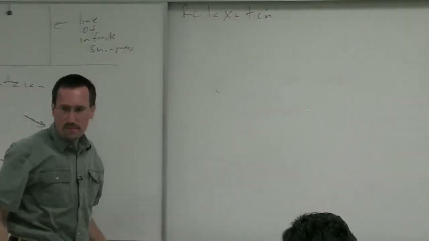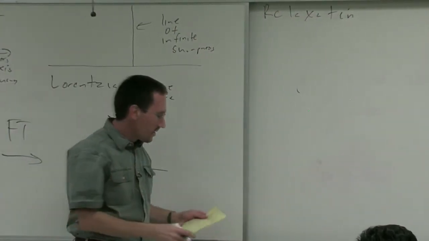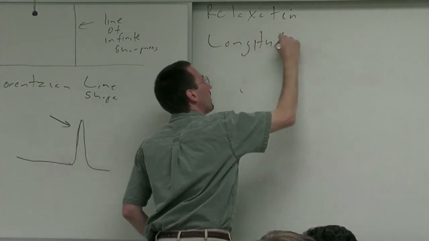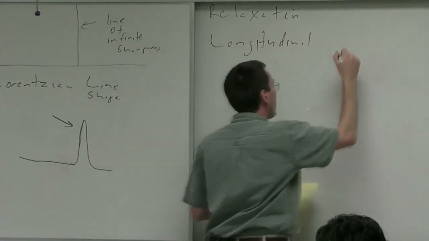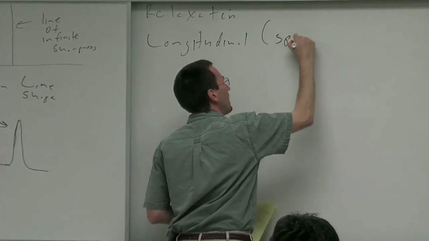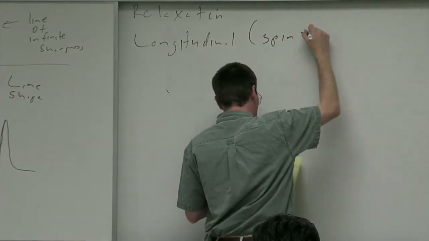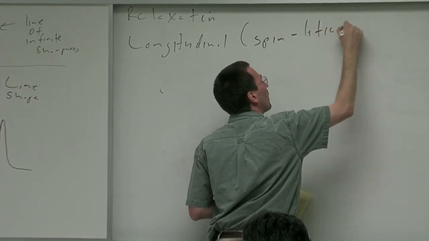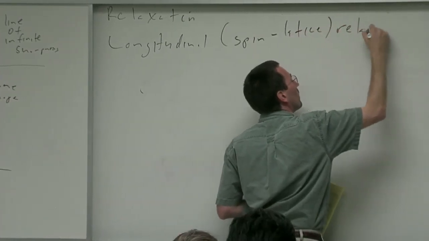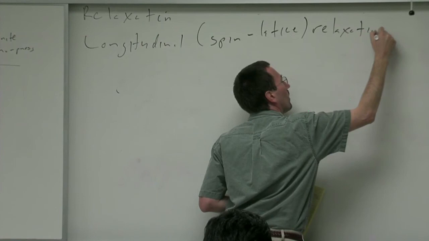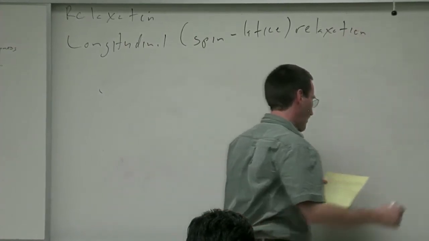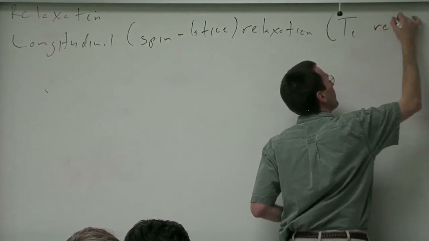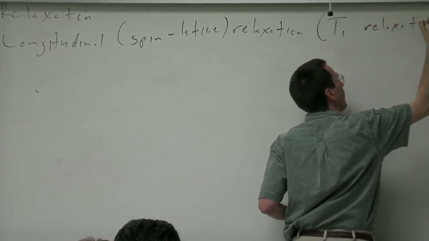So there are two types of relaxation. There's longitudinal relaxation, sometimes called spin lattice. Sometimes you'll also see it referred to as T1 relaxation.